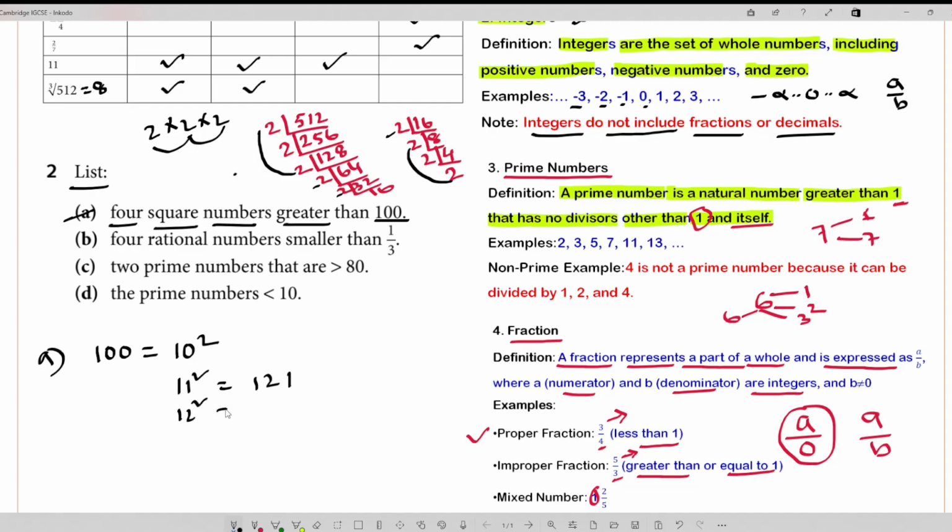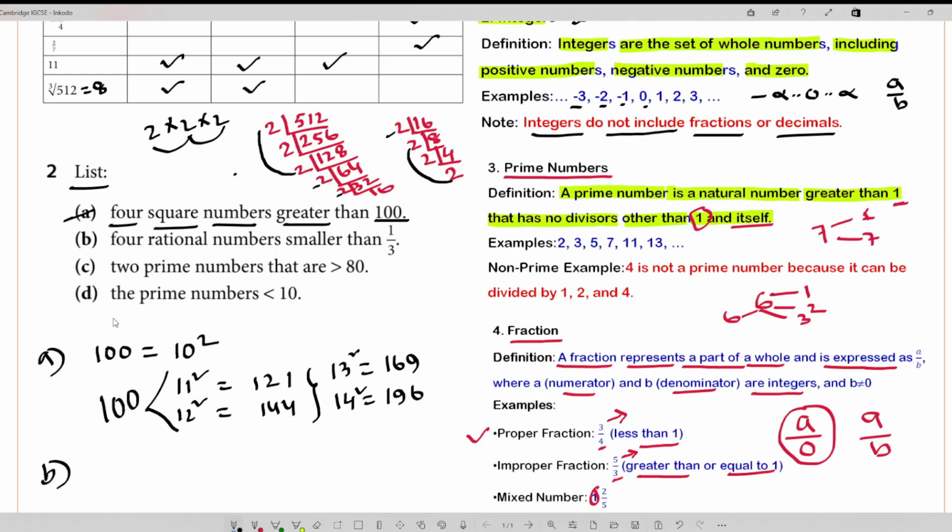Then 12 squared is 144. Then 13 squared is 169, and 14 squared is 196. All are greater than 100. This is our answer.